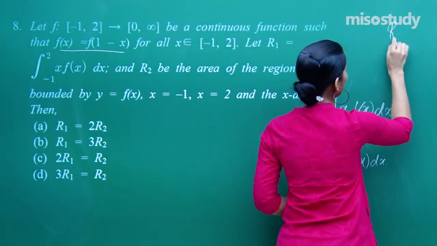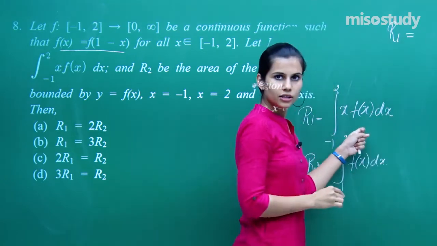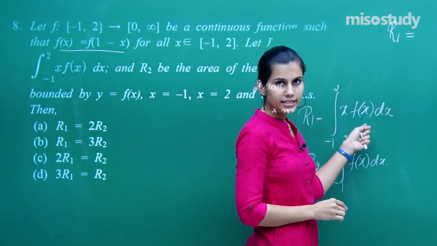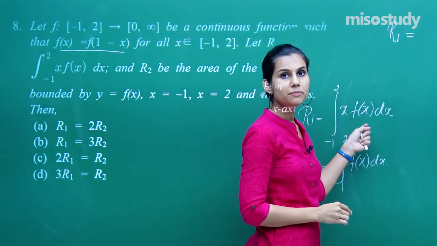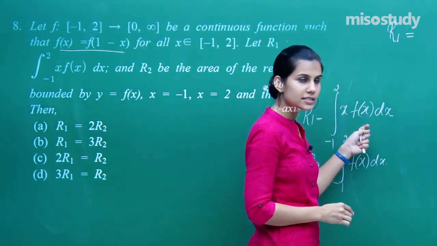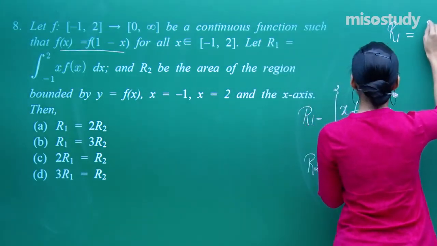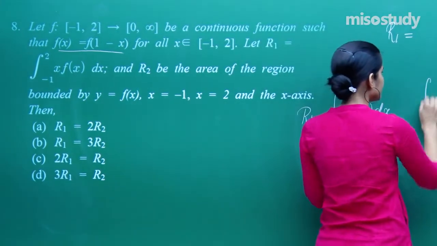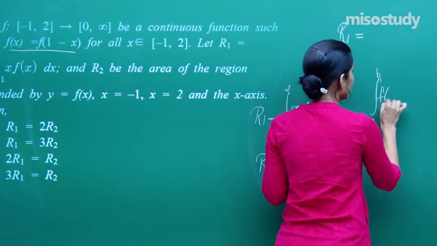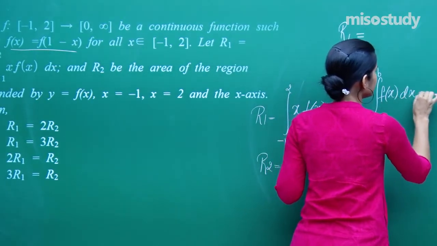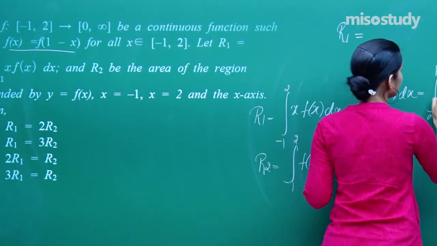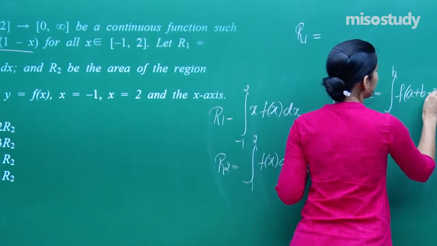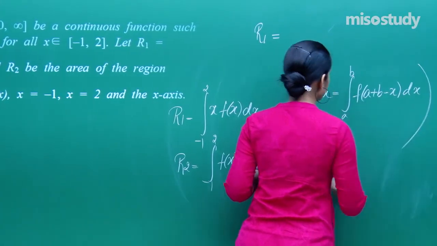If you consider R1, you know that integral a to b f of x dx is equal to integral a to b f of a plus b minus x dx.